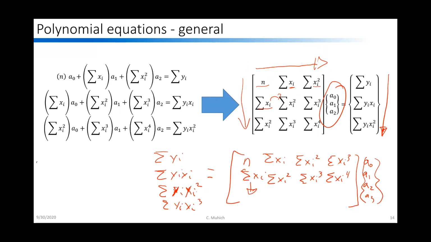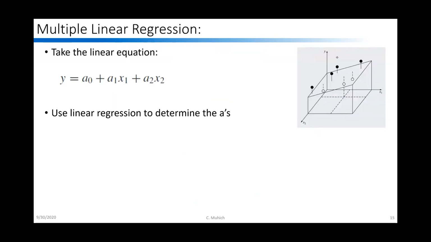So this is going to stop our discussion of single linear regression, and we're going to talk about how we can expand these regression-based ideas to multiple dimensions. Let's say that we're no longer considering just one dimension where I have x and y.